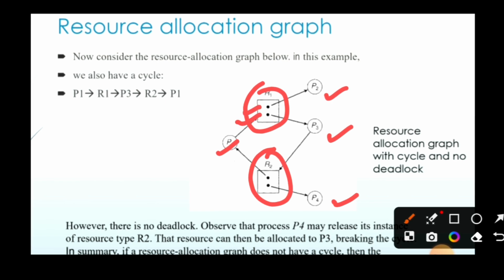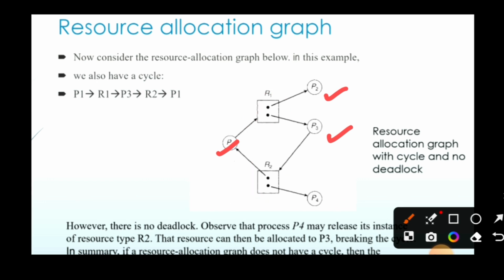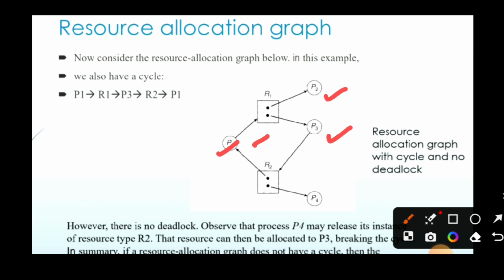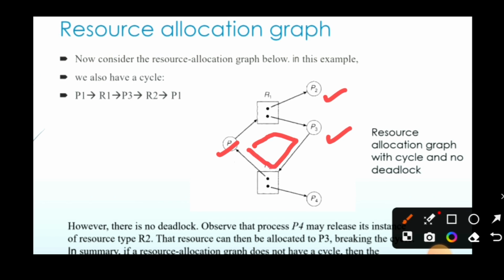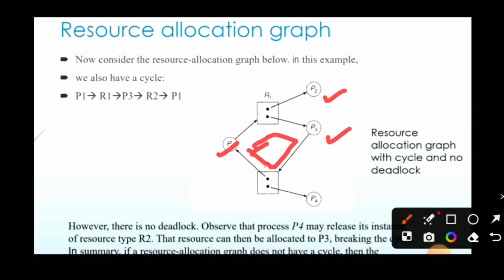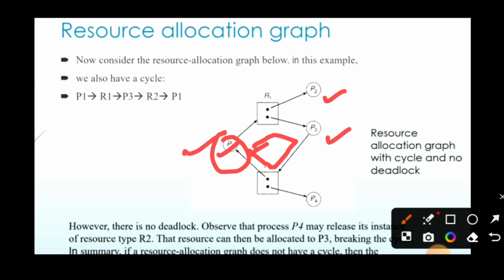In this example also we can see a cycle. P1 is waiting for R1, R1 is being held by P3, P3 is waiting for resource R2, and R2 in turn is being held by P1. So we started from P1 and ended back at P1. So there is a cycle.